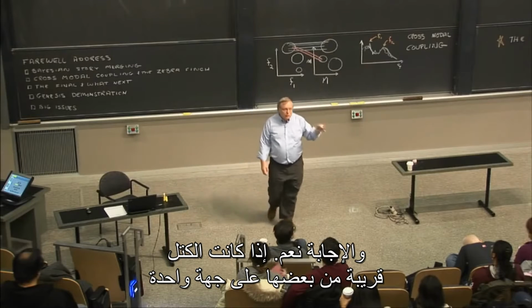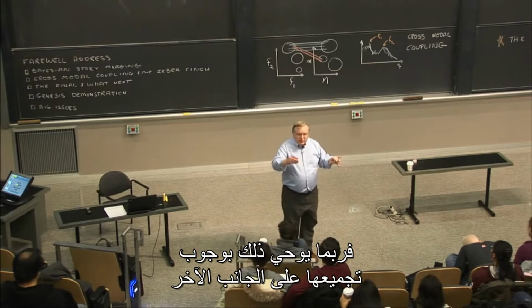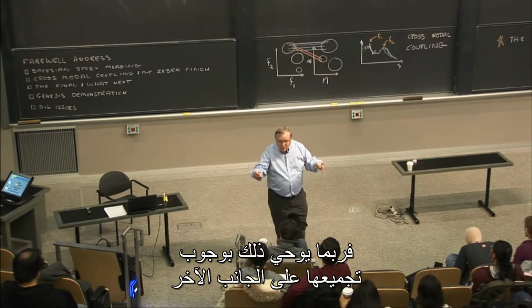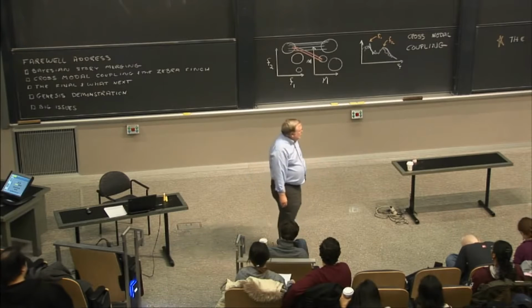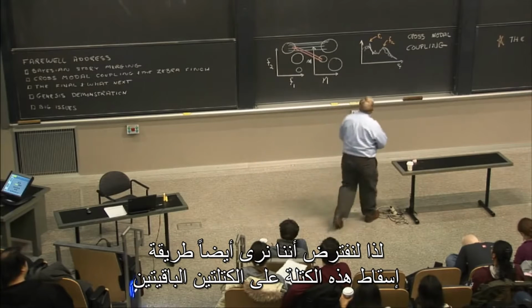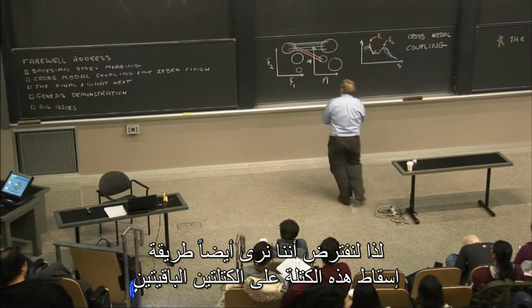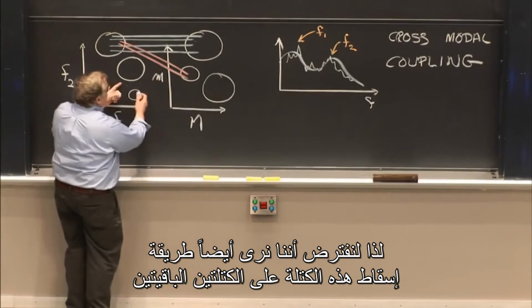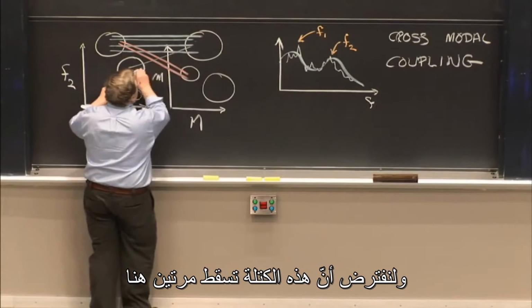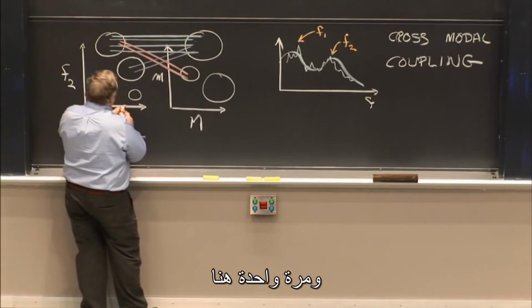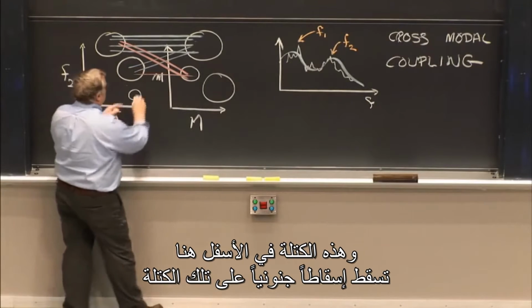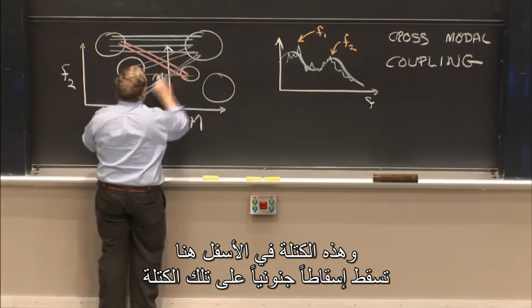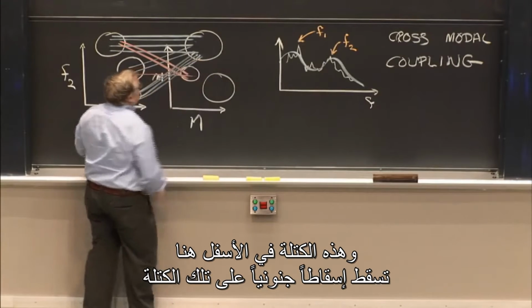If they're close together on one side, maybe that suggests you ought to cluster them on the other side. But there's a question about what close means. So let's suppose that we also look at how these other 2 guys project, and suppose this guy projects twice up here and once over here, and this guy down here just projects like crazy into that guy.